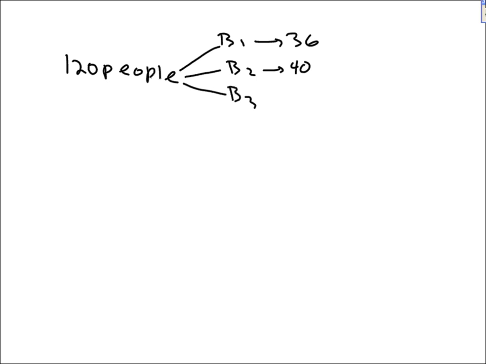Bus number 2 has 40 people, and bus number 3 has 44 people. These 3 numbers add up to 120. So all 120 people are split up into 3 groups. One group goes onto bus 1, another group onto bus 2, etc.